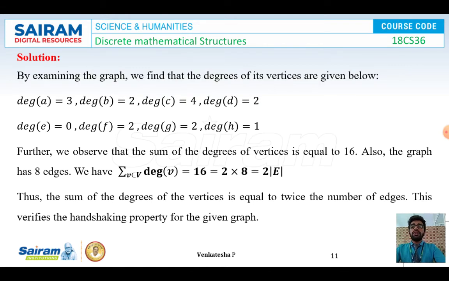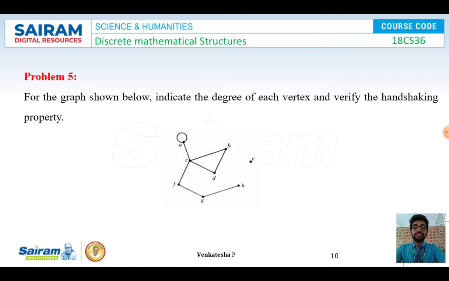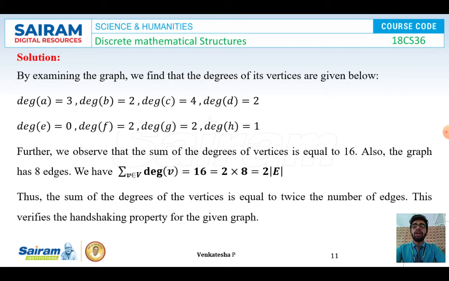Now, to check the handshaking property: the sum of the degrees of the vertices will be equal to 2 times the number of edges. The given graph contains 8 edges here. So the first thing is I am going to add all the degrees of the vertices. Adding 3 plus 2 plus 4 plus 2 plus 1 plus 2 plus 2, we will have 16.